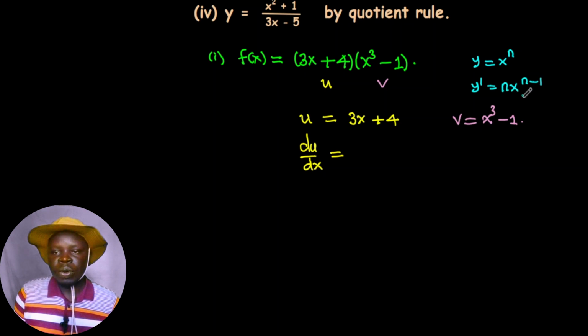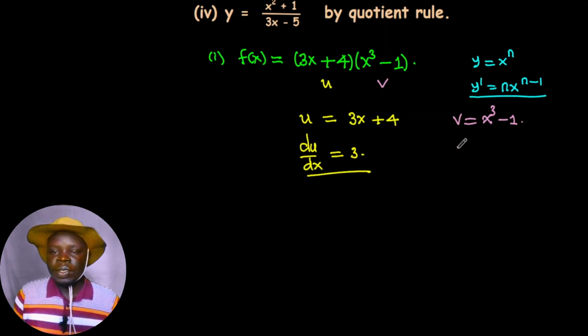So using this power rule, we can apply it here, and we have the power for this is 1. So 1 times 3, we still get 3. And therefore, the power has been reduced by 1, meaning 1 minus 1 is 0. Anything to the power of 0 is 1. So 1 times 3 becomes 3. And the derivative of a constant 4 is 0. So for that case, our derivative du by dx is only 3.